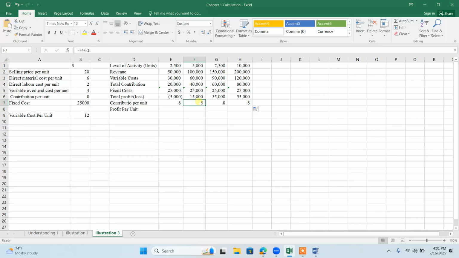But if the sale price and variable cost both change at the same rate, for example, the sale price changes by 10% and the variable cost also changes by 10%, again you will have the same contribution per unit. Now check the profit per unit. It will be different because fixed cost remains the same for 2,500 units and also for 5,000 units.